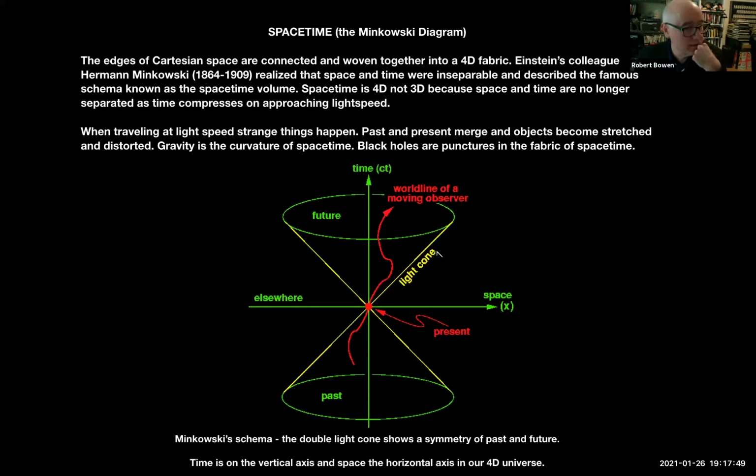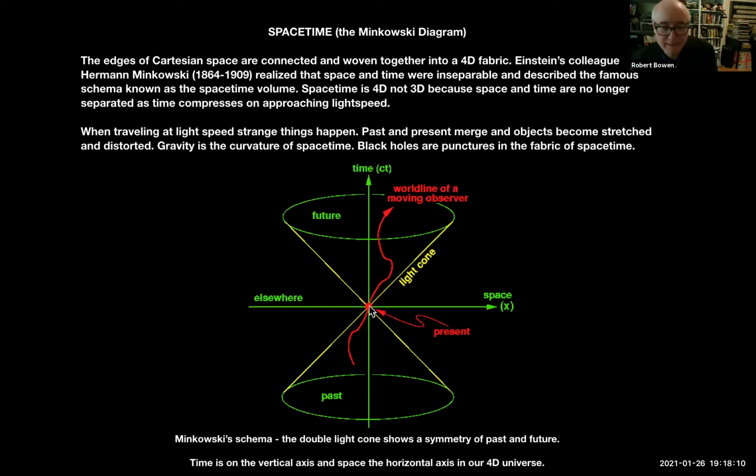The world can't exist outside of the light cone. The lower cone is the past, and the top is the future. And this is the present.